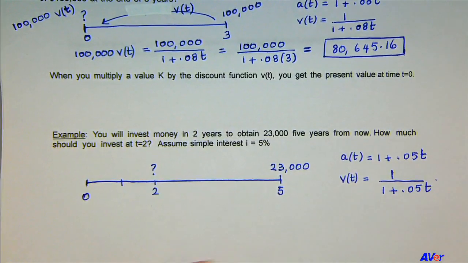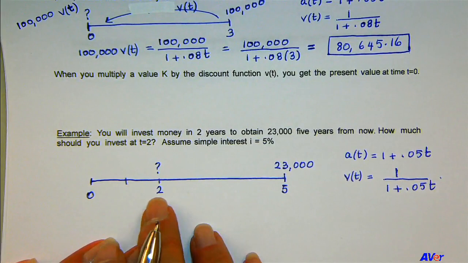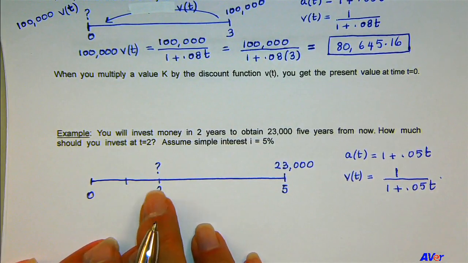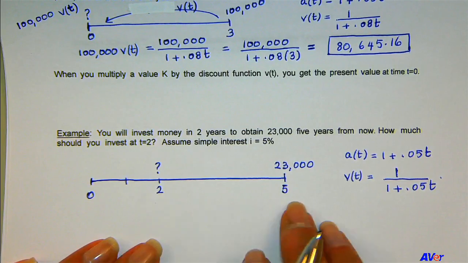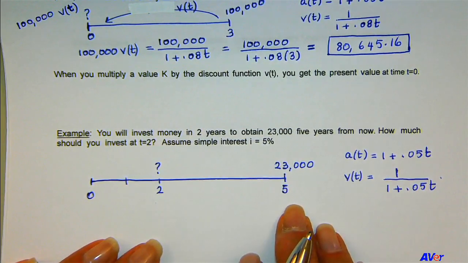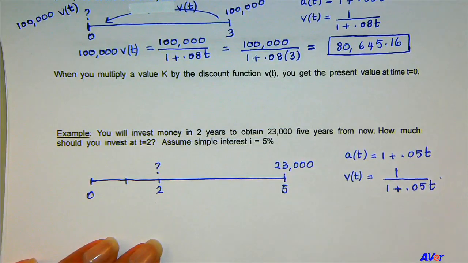So now I ask you, how much money should I have at time 2 to invest, which will turn into 23,000 at time 5? What do you think? Yes? We go back all the way to 0 and then solve for 2 going forward.